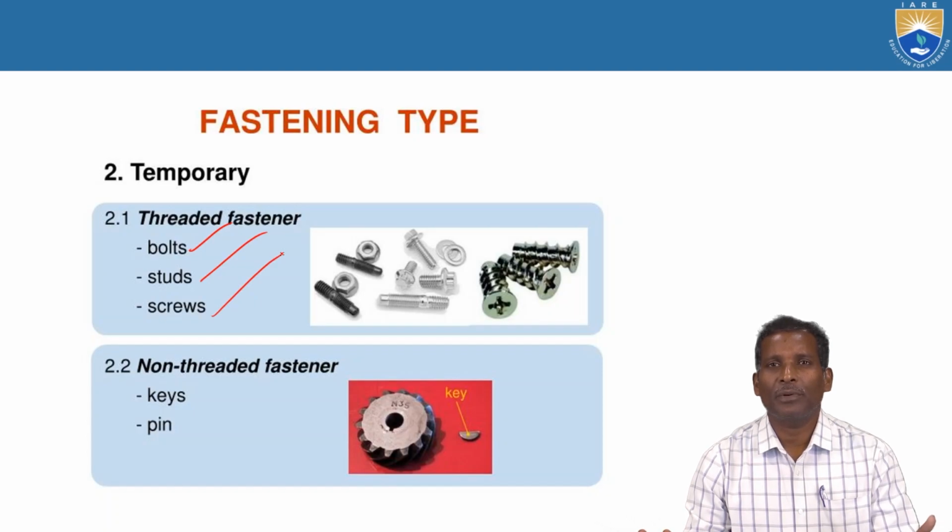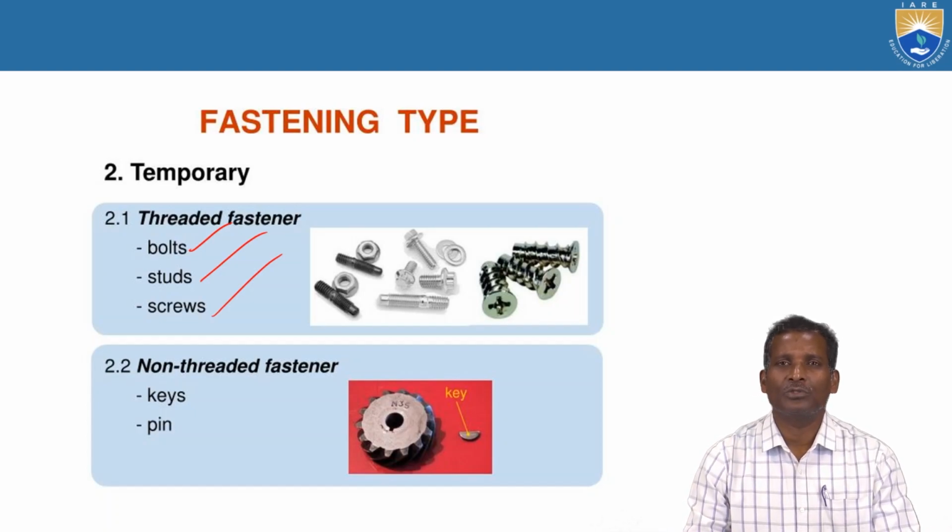These are called temporary joints because if you want to separate the joint, you can easily separate it. These joints are joined with the help of a bolt and nut only, so you can replace them. There is no need to destroy the joint.